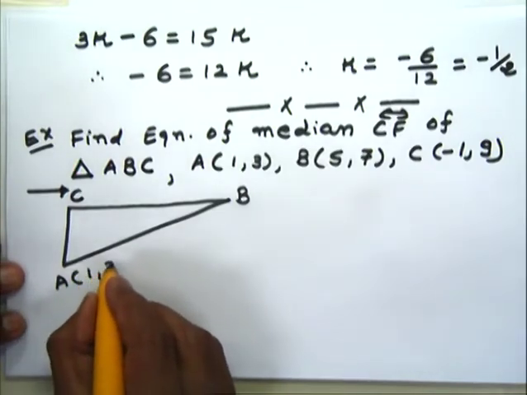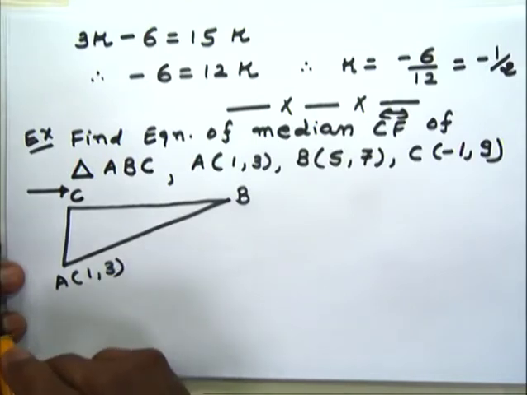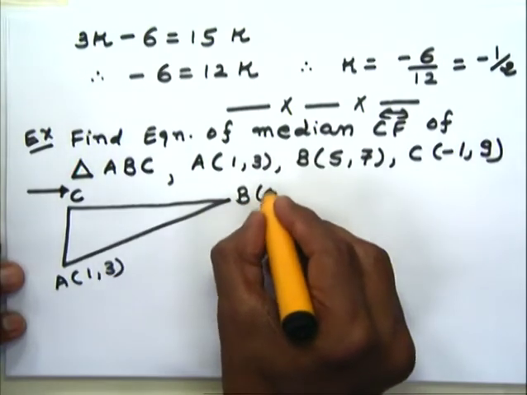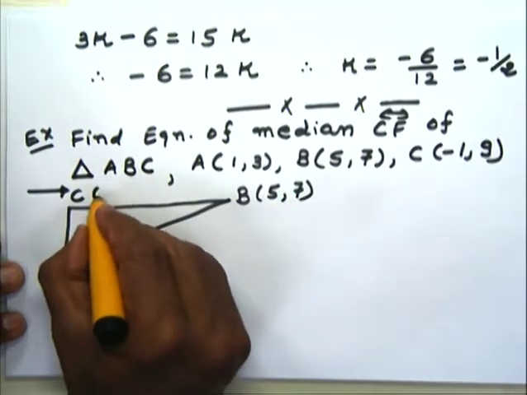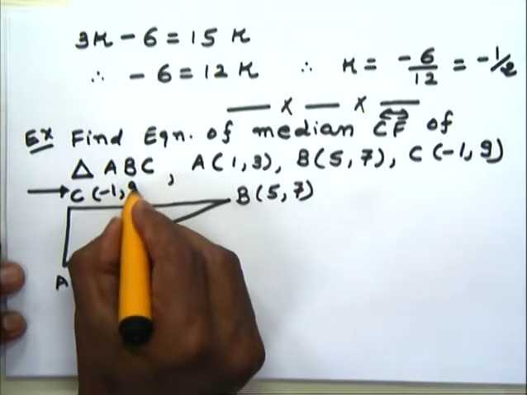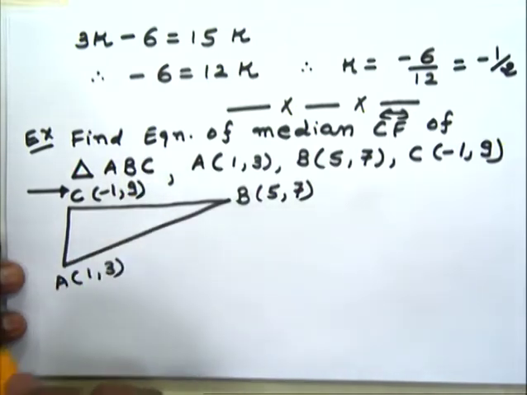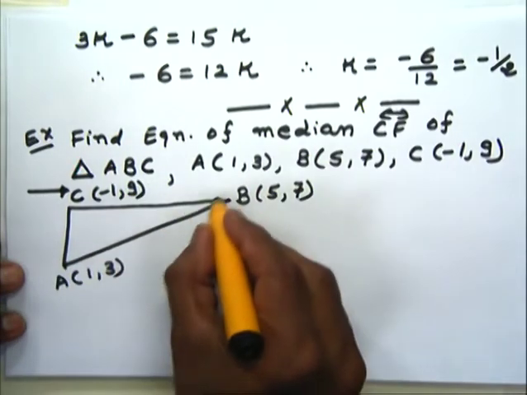A has 1, 3, B 5, 7, C minus 1, 9. Find the midpoint of AB.